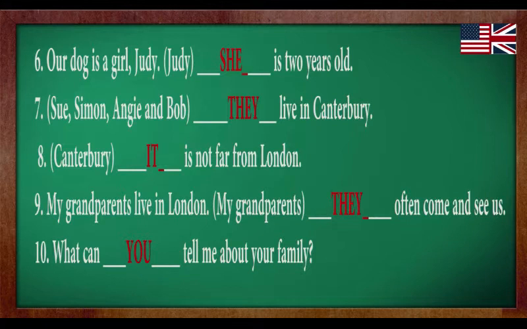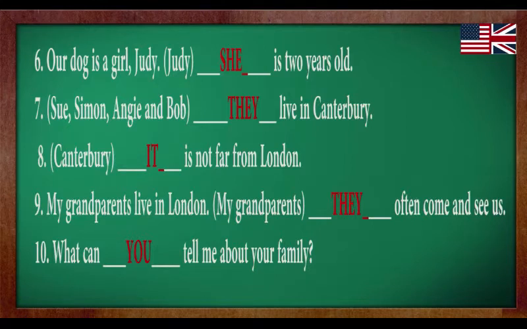Number 7. "Sue, Simon, Angie, and Bob live in Canterbury." Answer, "They live in Canterbury." 8. "Canterbury is not far from London." You're going to use it. "It is not far from London." 9. "My grandparents live in London.